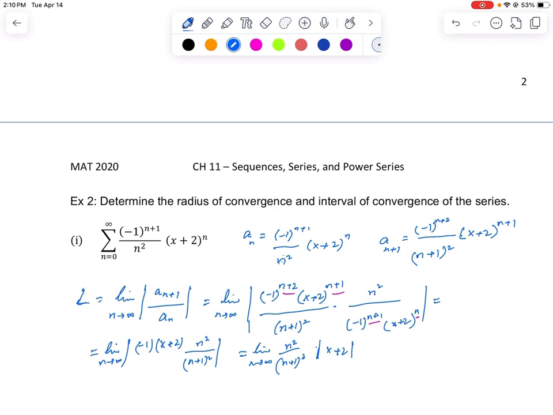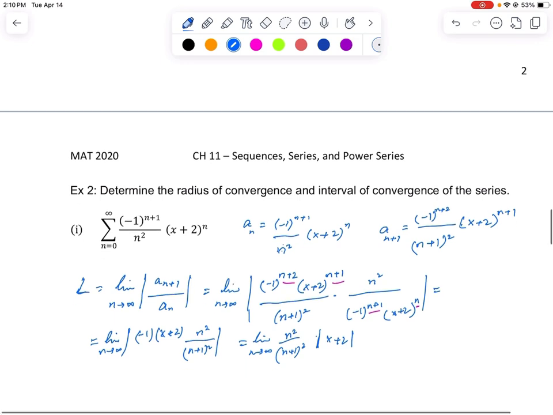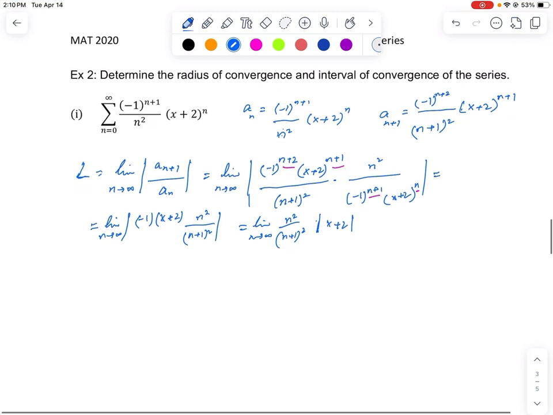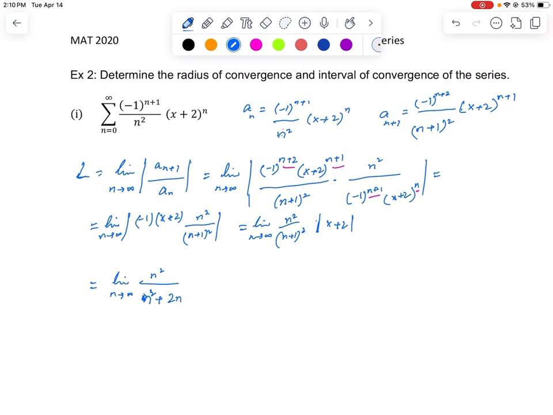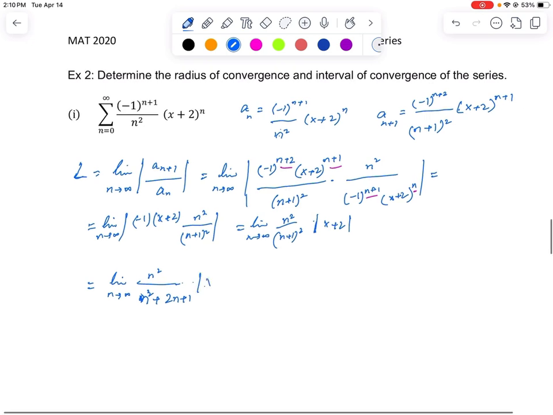Why? Because we don't know about the variation of x. So this is going to be the limit. You should be able to see that we have a quadratic over a quadratic, and you may expand it. So n squared over n squared plus 2n plus 1, and then we have the absolute value of x plus 2.